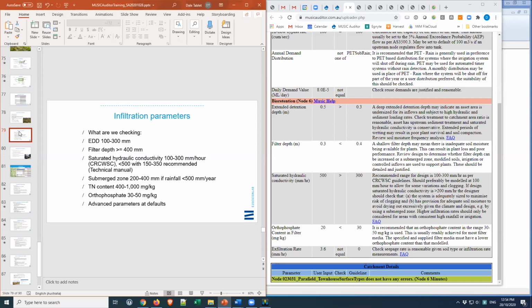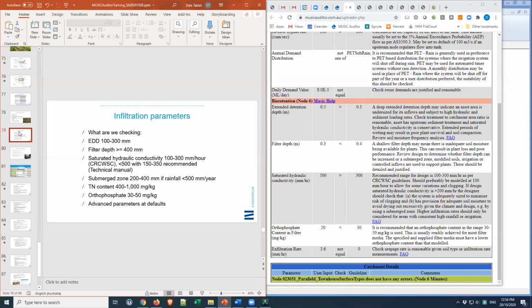For the infiltration parameters, there's not a lot of guidance around. It's worth saying. For the EDD, we've recommended again that you're checking that it's within that sort of reasonable shallowish range, but again, there's no reason why it can't be deeper if there's a good reason for that. You just want to have a look and see whether that makes sense.